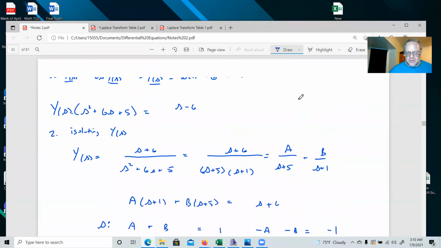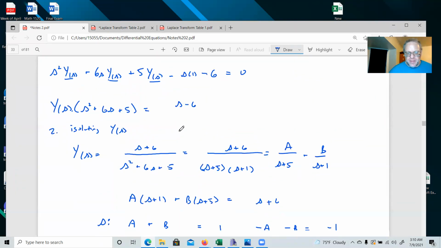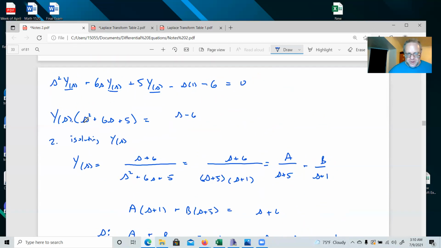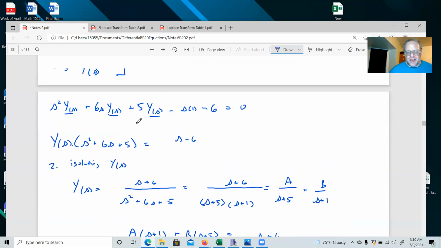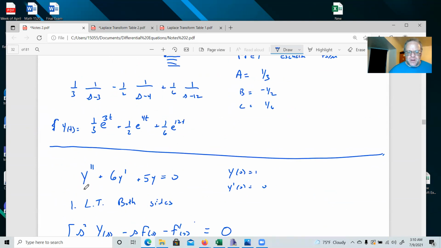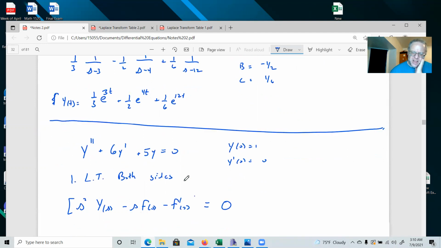Okay, let me just take an intermission here for a second. If you are looking at this polynomial here, s squared plus 6s plus 5, you're saying, where have I seen 1 of something with a 2, 6 of something with a 1, and 5 of something with just a 1?